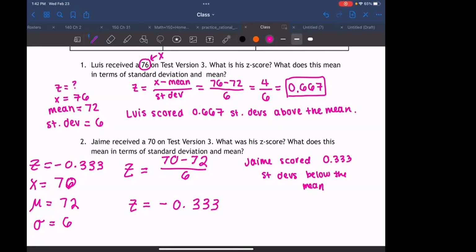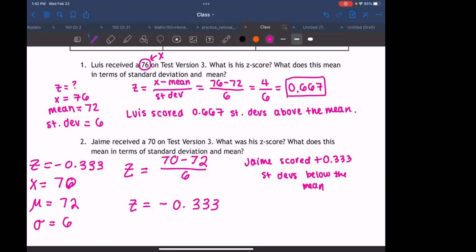Probably won't take off points for it, but we didn't score negative something below. If we're trying to conceptualize what the answer actually means, we can't score negative something below something. So technically we scored plus 0.33 as long as we write that it was below the mean. Does that make sense?